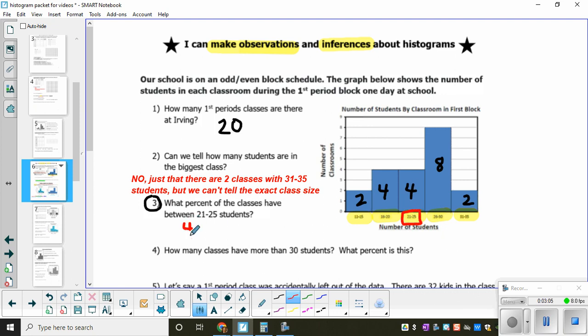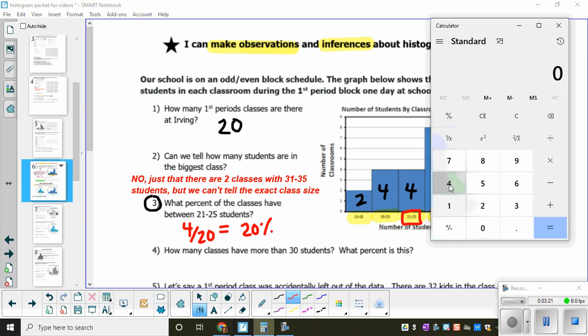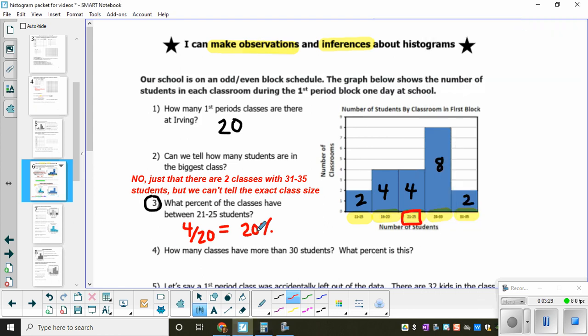So 4 of my classes out of all of the 20 classes, and we can just divide and make that a percent. Some of you can instantly see that this reduces to 2/10, which is 20%. And a friendly reminder that you can always use the calculator: the 4 that were in that category divided by the total gives you the percentage. So 20% of our classes are in this interval.